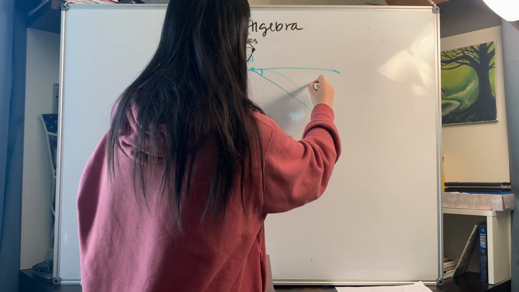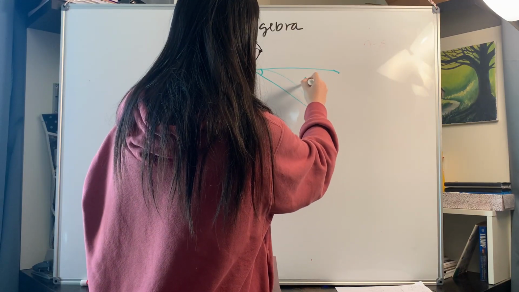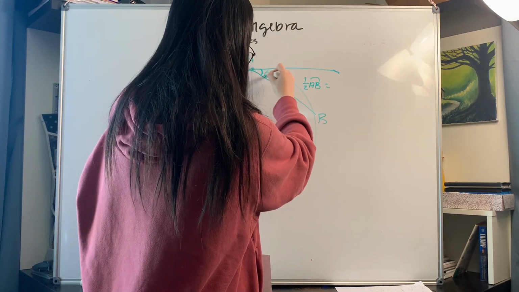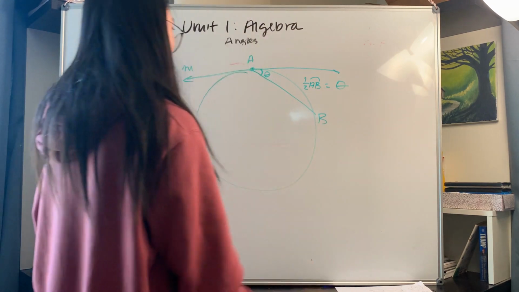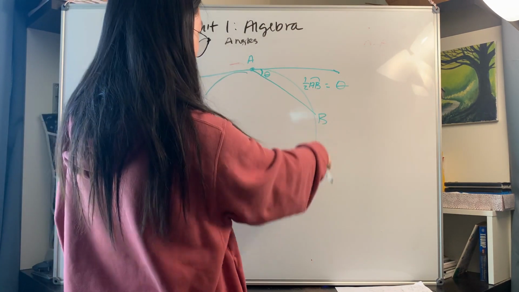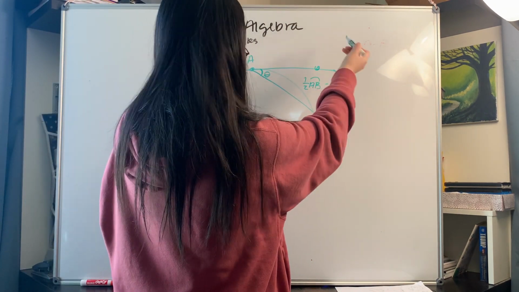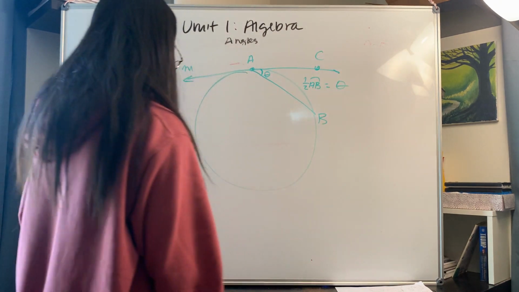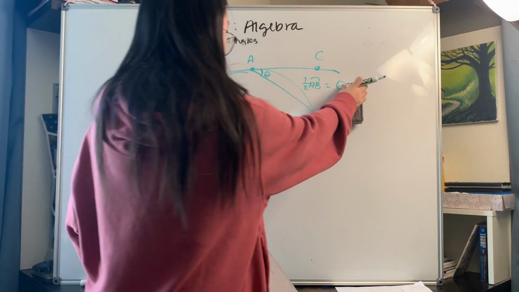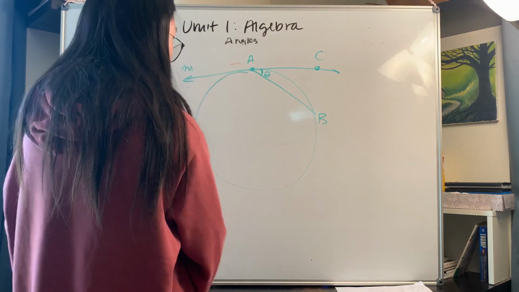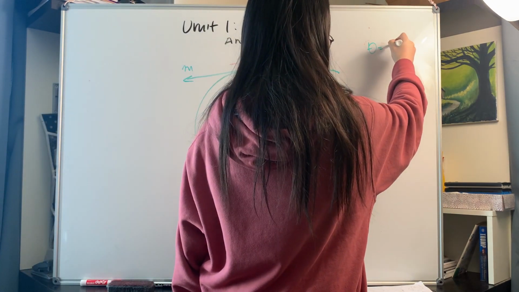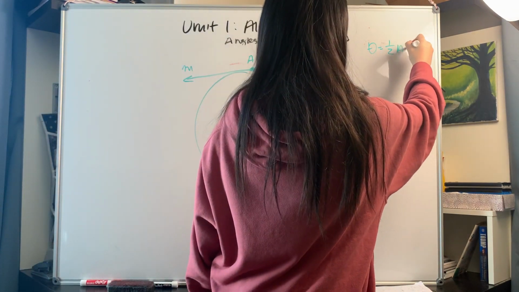So 1/2 of arc AB, and we're going to call this angle theta. Theta is equal to 1/2 the arc AB. And then we're going to call a random point on the tangent C, actually. So what we want to prove here is theta is equal to 1/2 arc AB.